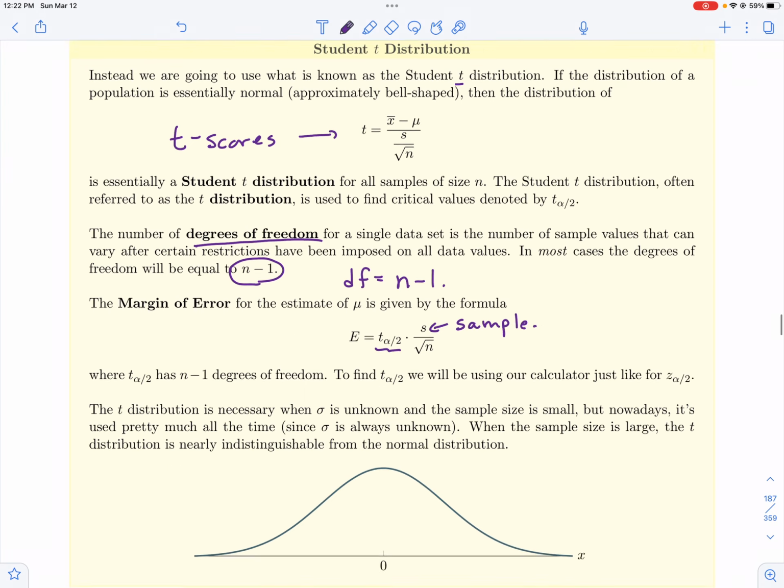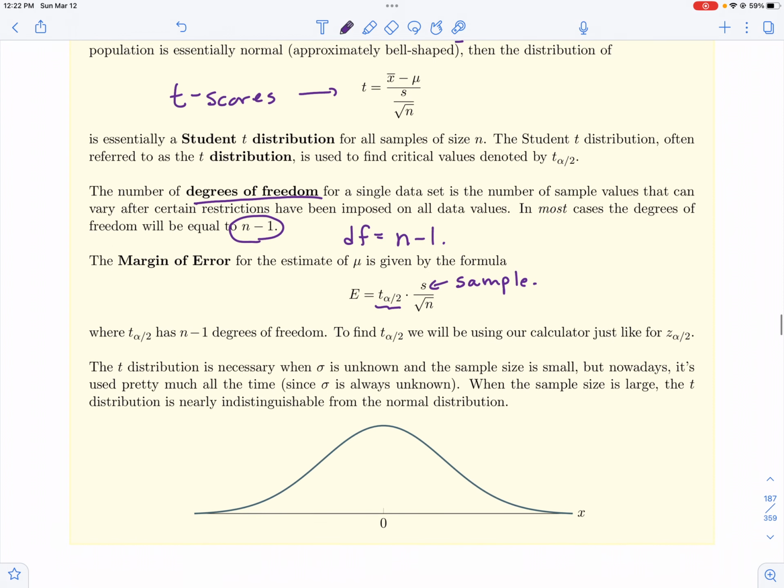And then again, just for a little picture, this is what a typical t-distribution would look like. So it's still basically a bell-shaped curve, but it is a little wider and a little flatter, especially for smaller degrees of freedom. If the degrees of freedom start to get pretty big, then a t-distribution pretty much models a normal distribution exactly.